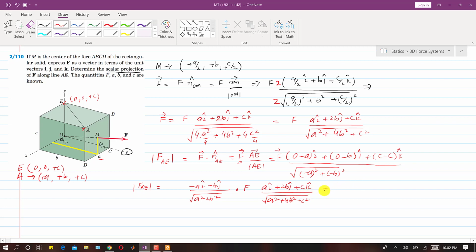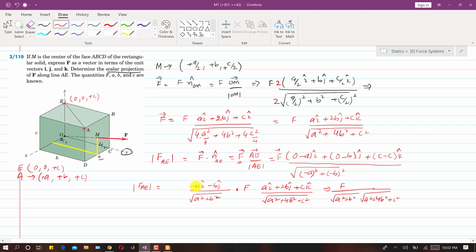So this will become F divided by square root of a square plus b square and square root of a square plus 4b square plus c square, and we will multiply these two vectors, right?